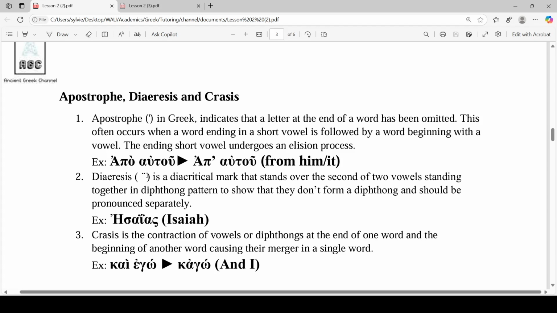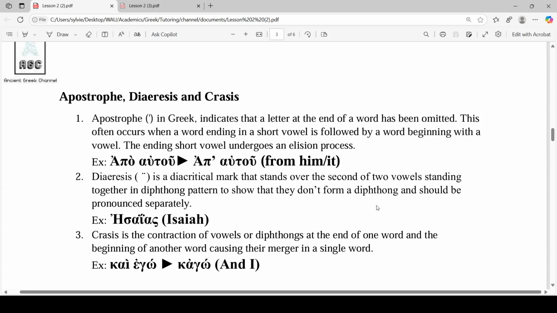Diaeresis. Diaeresis is like these 2 dots. Okay, it's like this 2 dot sign. Diaeresis is a diacritical mark that stands over the second of 2 vowels standing together in a diphthong pattern to show that they don't form a diphthong and should be pronounced separately.